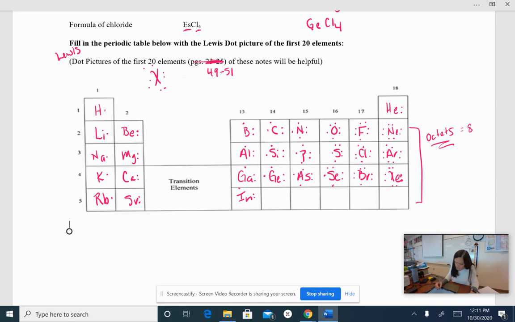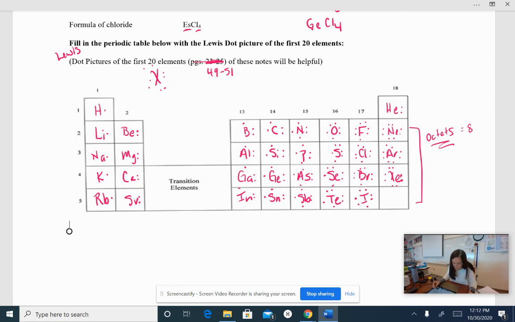And then we have tin, that has 4. We have antimony, which has 5 valence electrons. Then we have tellurium, that has 6. And then we have iodine, which has 7.